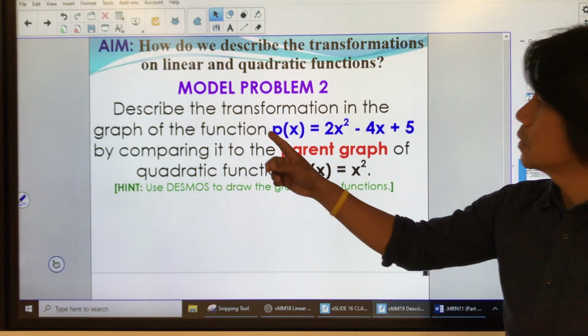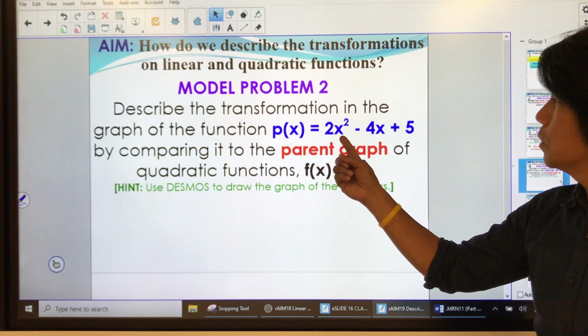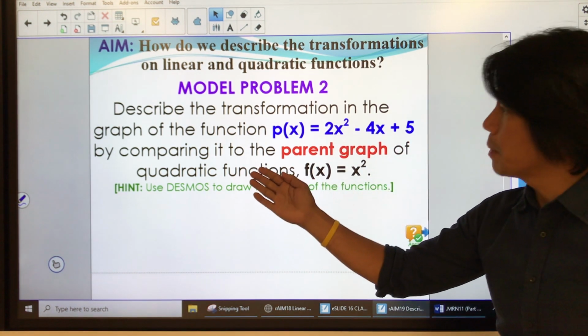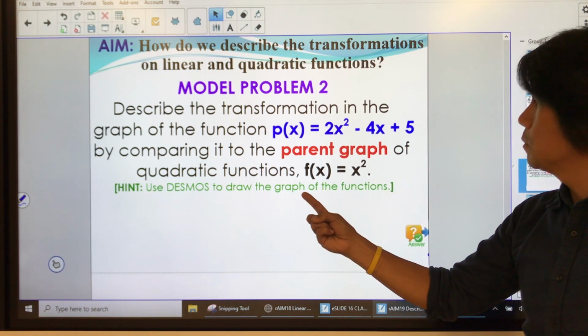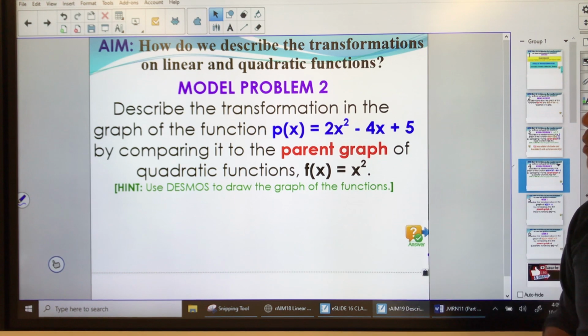It says describe the transformation in the graph of the function p of x is equal to 2x squared minus 4x plus 5 by comparing it to the parent graph of quadratic functions f of x is equal to x squared. Again, we're going to use DESMOS.